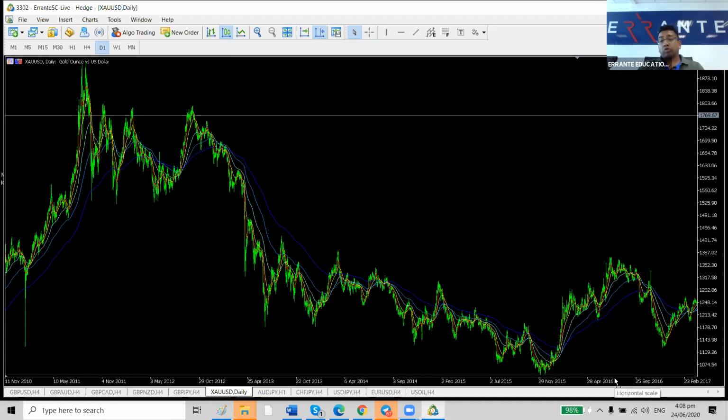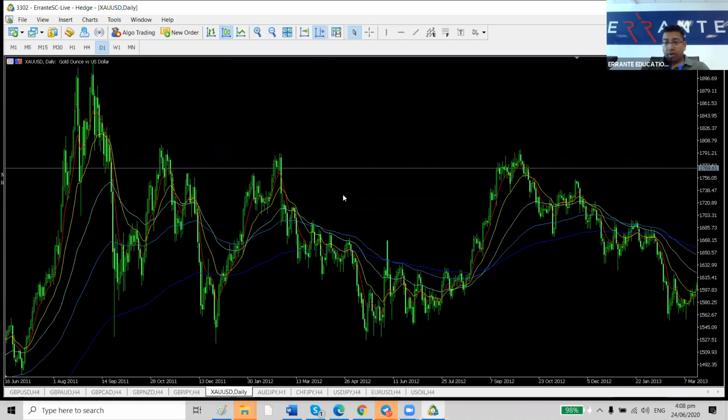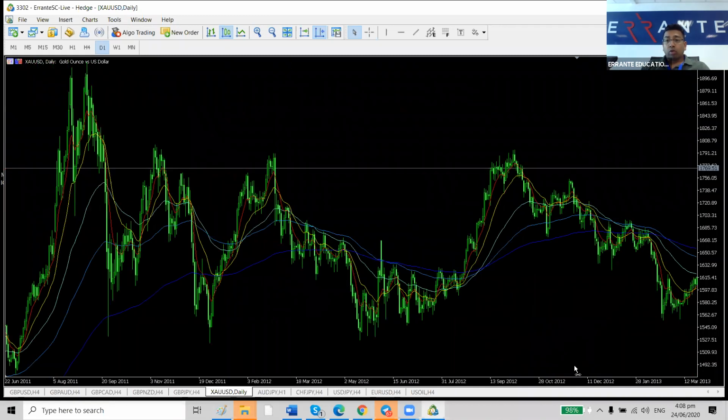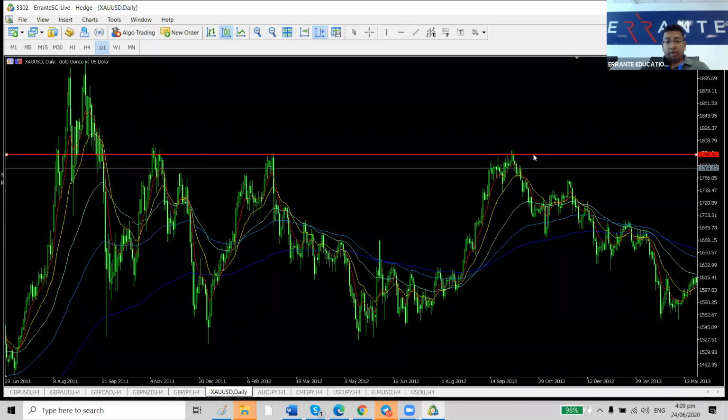So 7,000 plus pips to the downside makes this area here very, very significant and very, very strong as a resistance area right there. Okay, so we want to respect it, and we want to draw the resistance area.